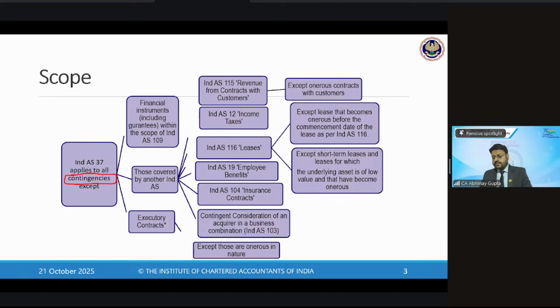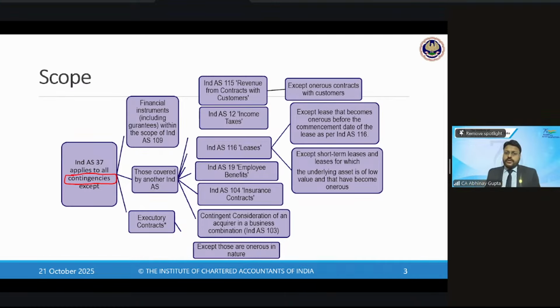So, for example, the company is having a lawsuit in the court of law, right? The case on the company by any of its suppliers or any of its debtors or any of the vendors, whoever, right? So what would be the outcome of the case law, right? So there is a contingency, right?